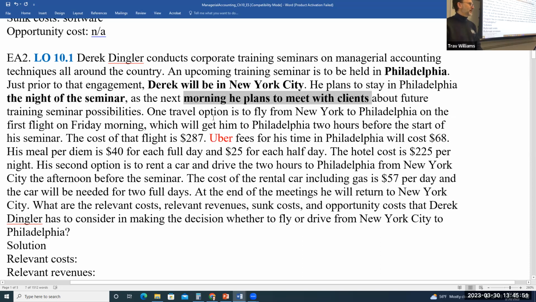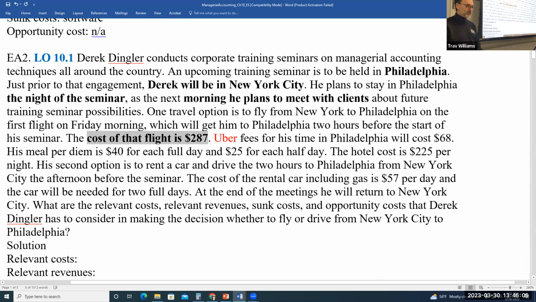He has two options, basically fly or drive. So if he flies, the cost of the flight is $287. He's going to have some Uber fees of $68. He has a meal per diem.